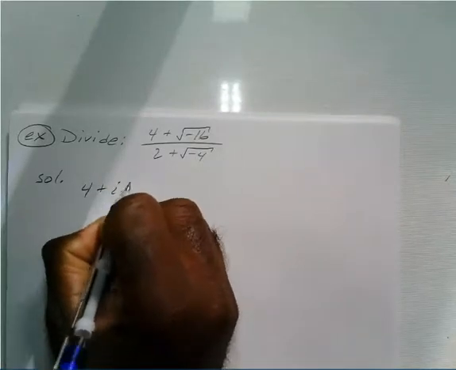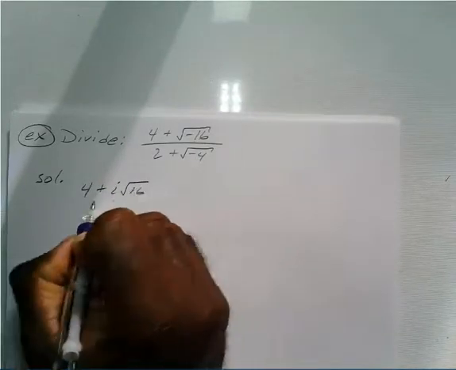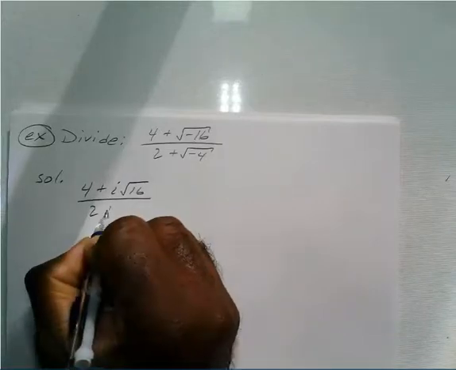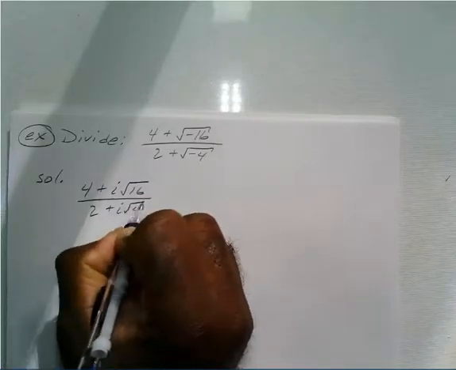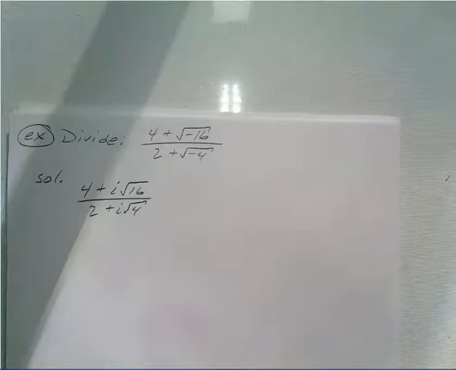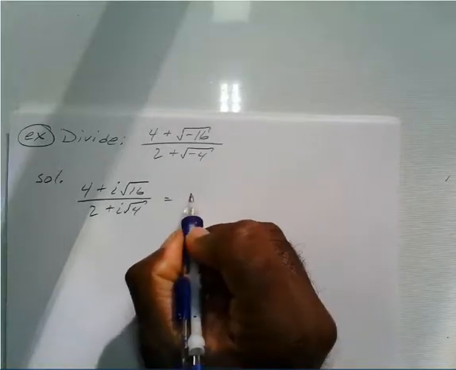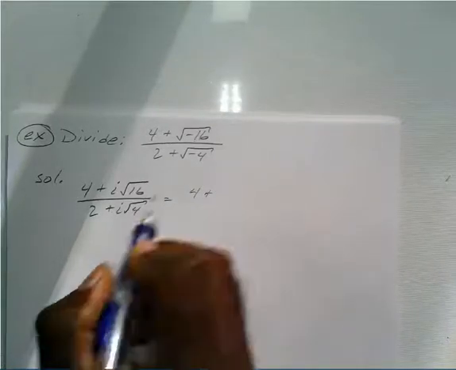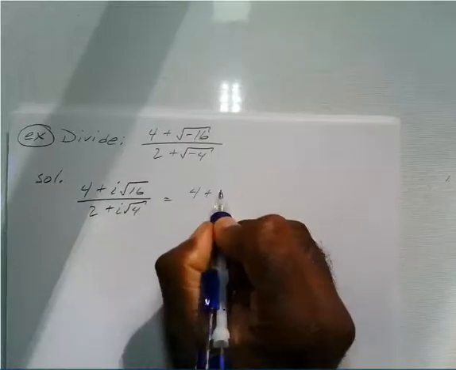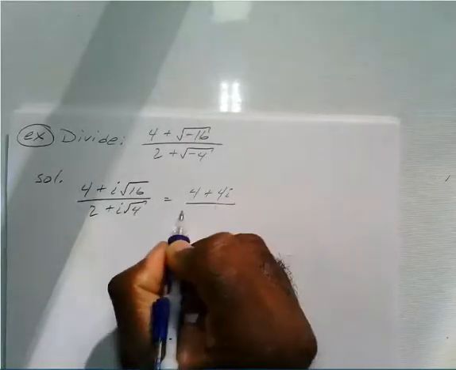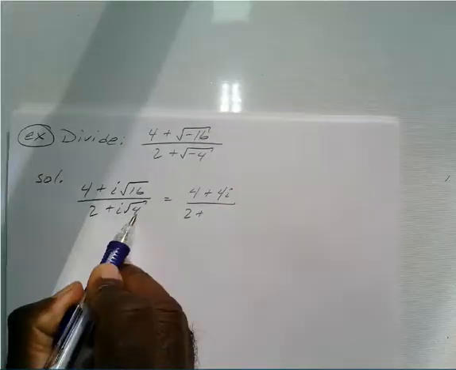So 4 plus i times square root of 16 over 2 plus i square root of 4. Okay, so that's equal to 4 plus, square root of 16 is 4, so 4 plus 4i over 2 plus, square root of 4 is 2.